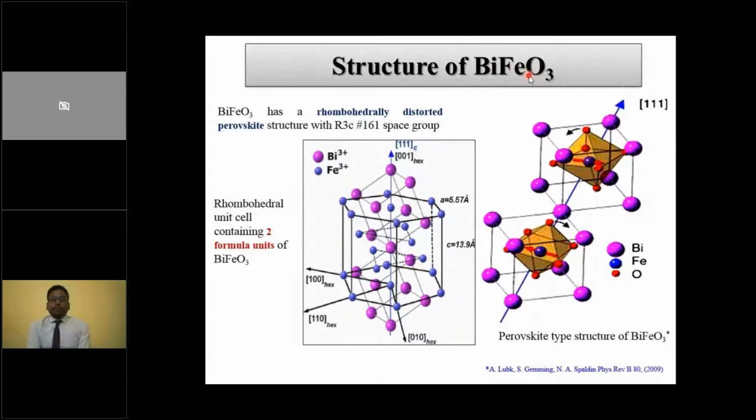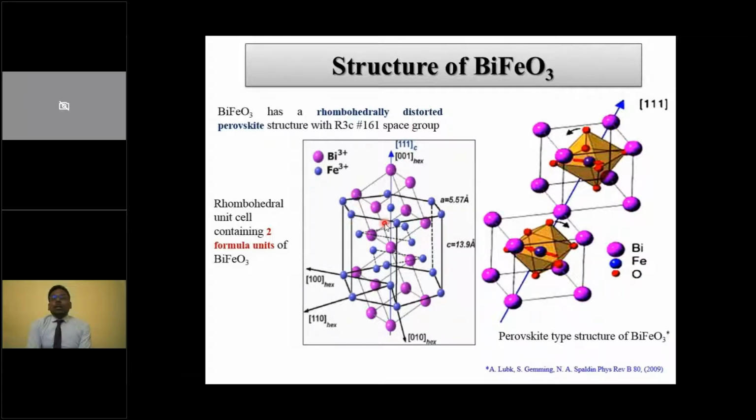The bismuth atoms are at the corner positions, oxygen is at the face-center positions, and Fe is at the center position. Bismuth ferrite is basically a rhombohedrally distorted perovskite structure.